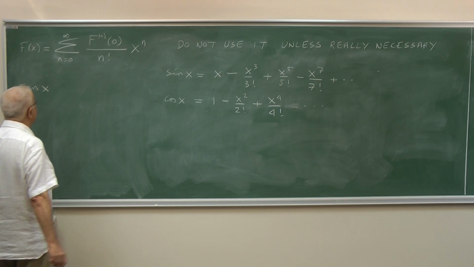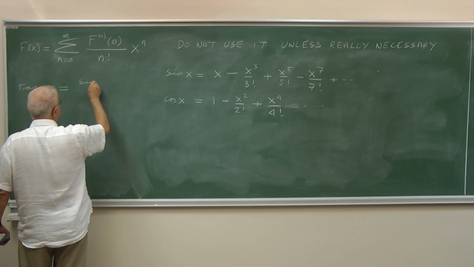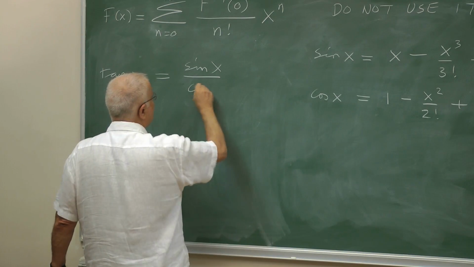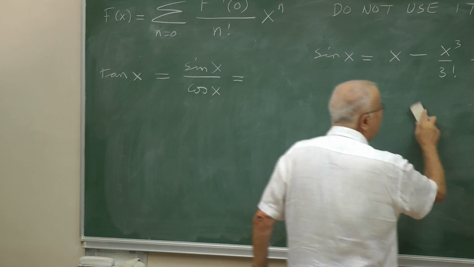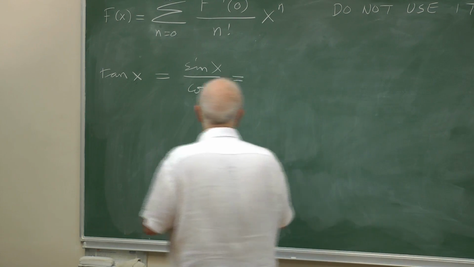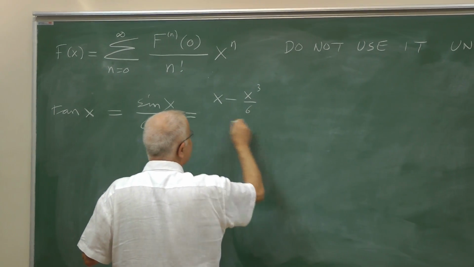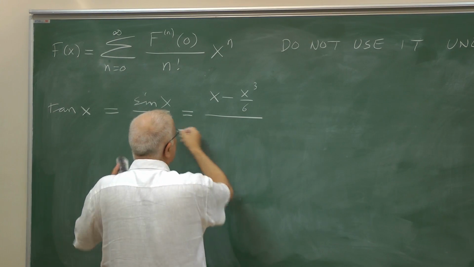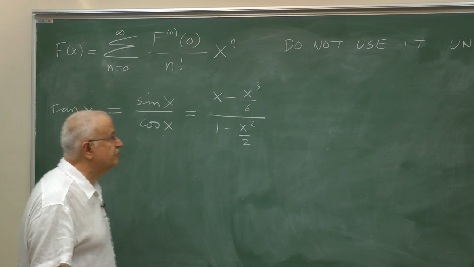There is a simpler method, writing tangent x as sine x over cosine x. Well, let's do a very primitive thing first. Sine x is x minus x cubed over 6, divided by cosine x, which is 1 minus x squared over 2.